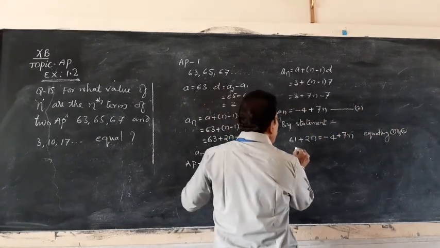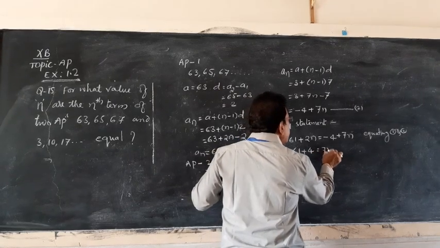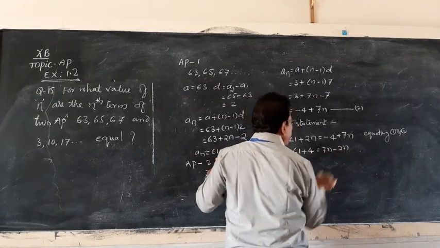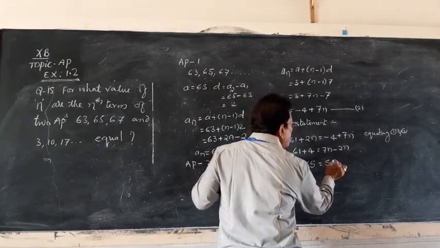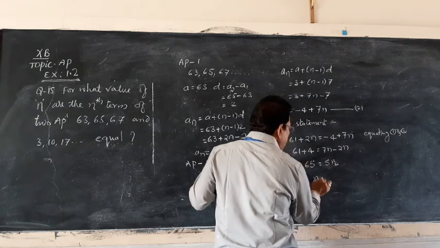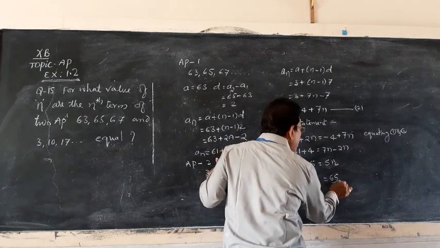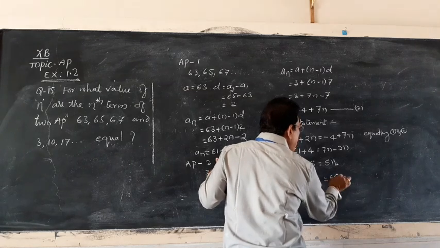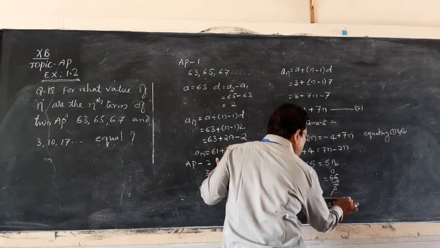So 61 plus 4 equals 7n minus 2n. That is 65 equals 5n. n equals 65 divided by 5. 5 ones are 5, 5 thirteens are 65. So n equals 13.